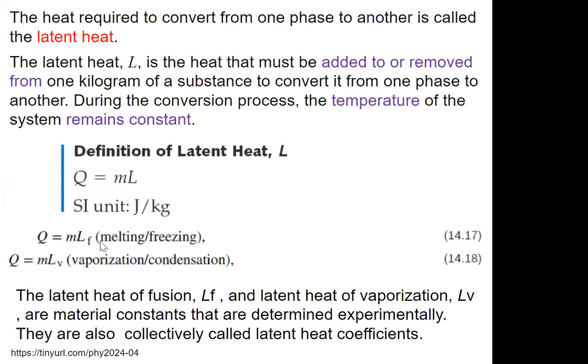So that's the same amount. Similarly for vaporization and the reverse process, condensation, you need to take out the same amount of heat as you would have to add to vaporize it.